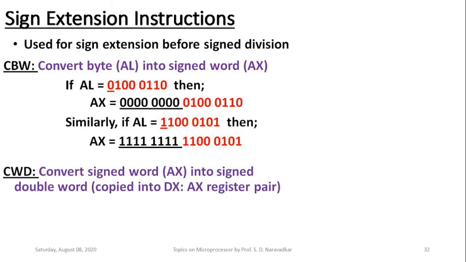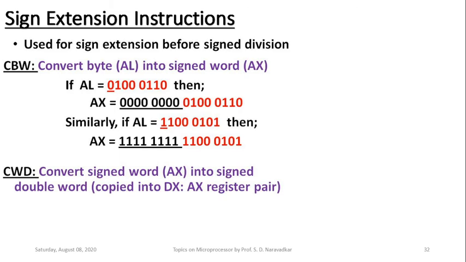The 16 bit quotient is copied to AX and the 16 bit remainder will be copied to DX. It means that with the help of sign extension instructions, we can certainly implement 8 bit divided by 8 bit or 16 bit divided by 16 bit, with insertion of the proper sign extension instruction in between before carrying out the division.